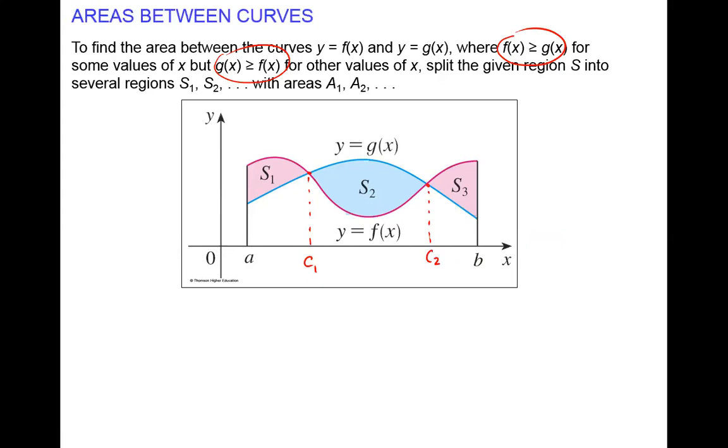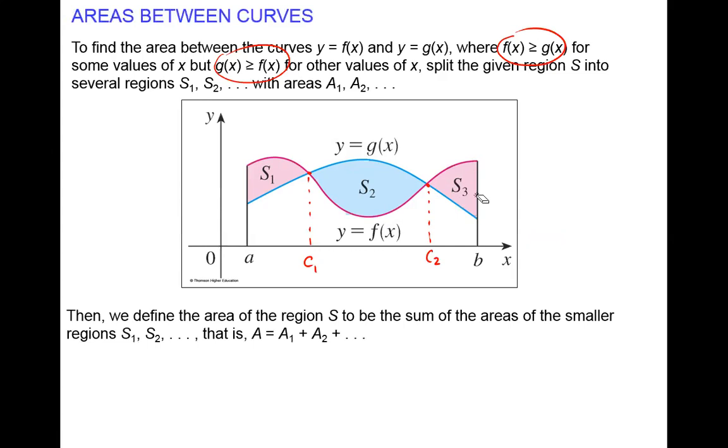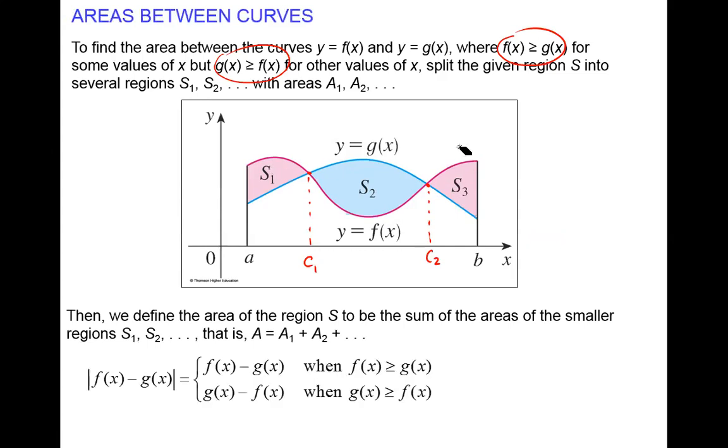I will create 3 definite integrals: from a to c sub 1, the pink curve minus the blue one, and then between c sub 1 and c sub 2, the blue one minus the pink one, and the last subinterval from c sub 2 to b, again the f function, which is the pink one, minus the blue one. Okay? That's when we can see we have to find 3 different regions.